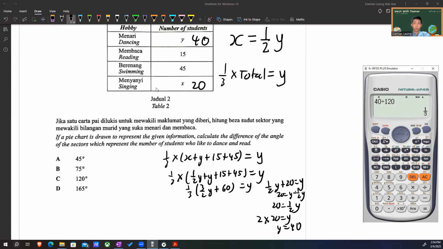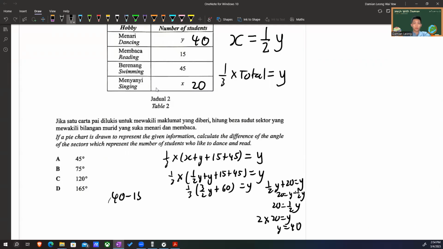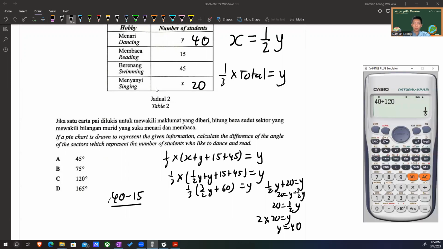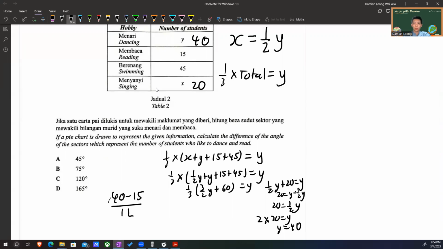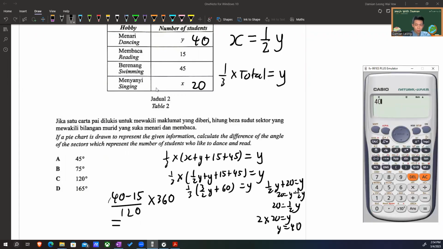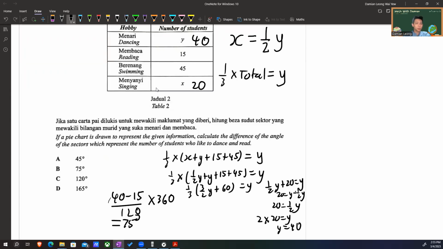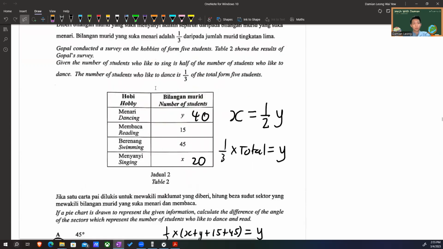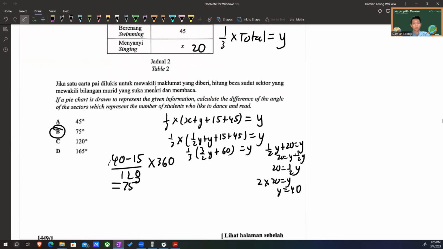So the difference 40 minus 15, dance and read, out of total 120, times 360 degrees. 25 times 3 basically. So it's 75 degrees. That's the angle difference.